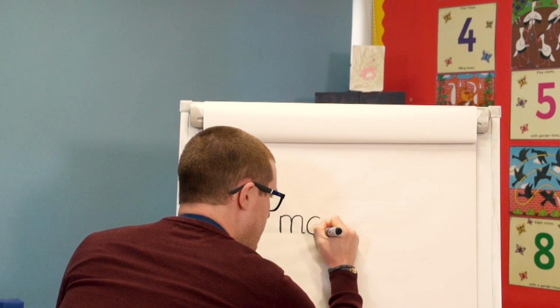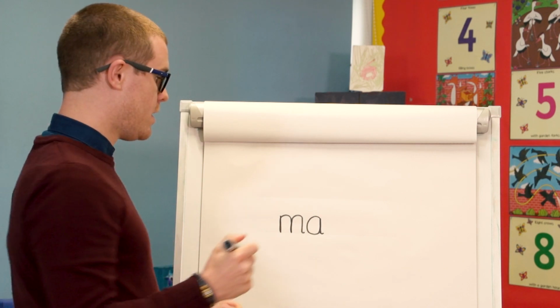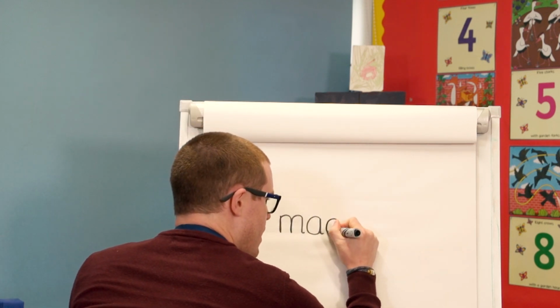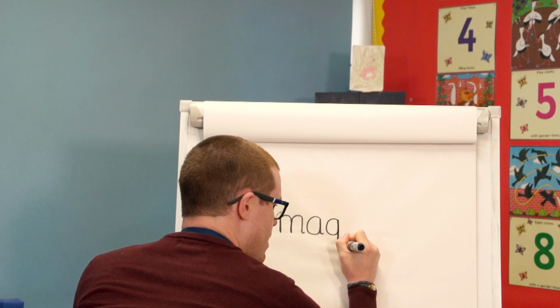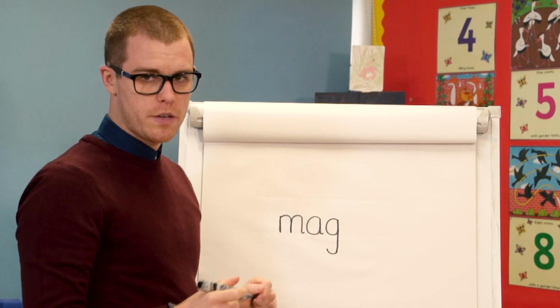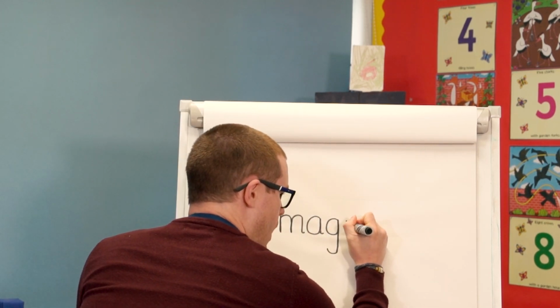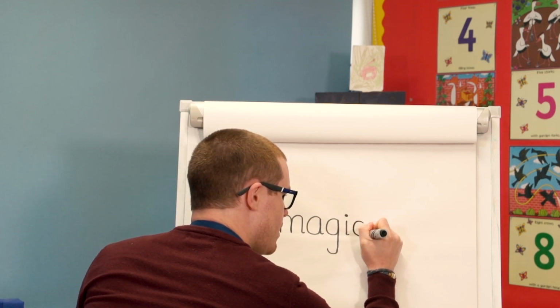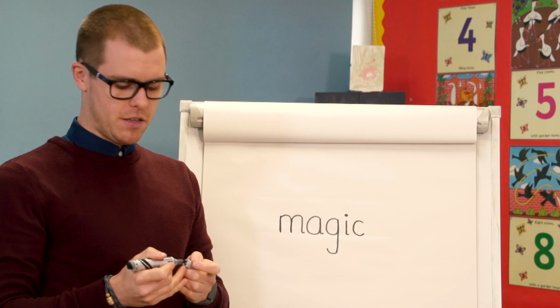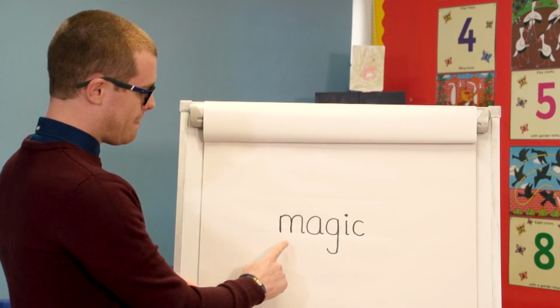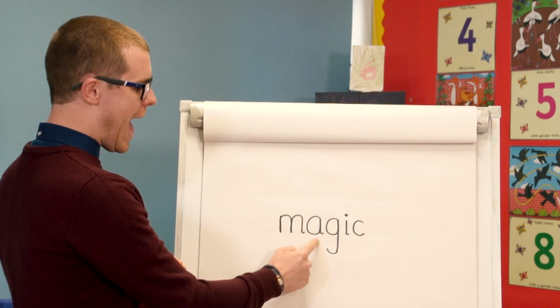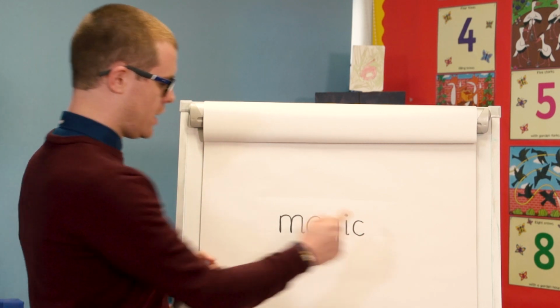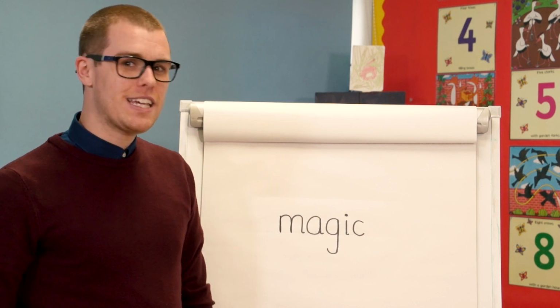And my second sound is a. My third sound is today's grapheme j. Then I have i, and at the end I have k. Magic. m, a, j, i, k. It's got 5 sounds.